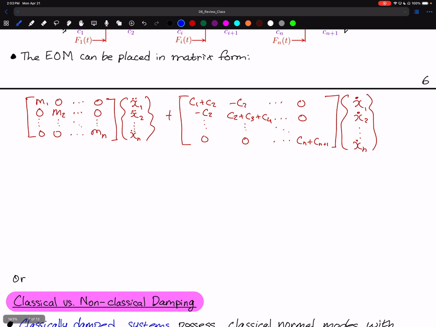And then we'll just add some annotations. This is our mass matrix, or capital M. This is an n by n mass matrix. This as well as our damping matrix, or our capital C, n by n damping matrix.